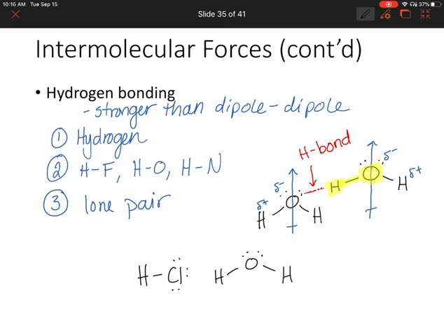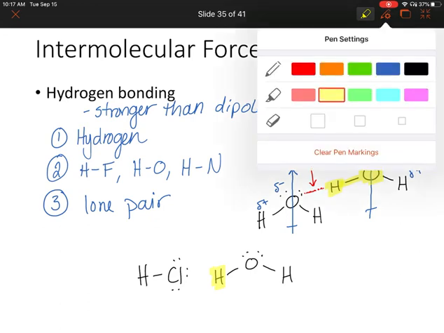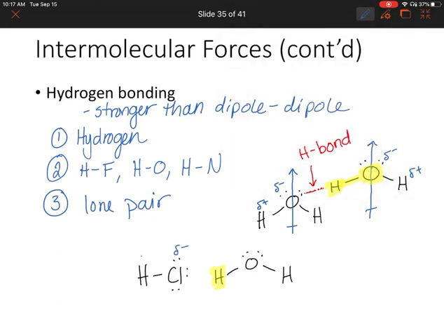Now, the hydrogen that's in the middle there, it might be attracted to that chlorine because of the dipole-dipole moments. However, it's not going to form a hydrogen bond.